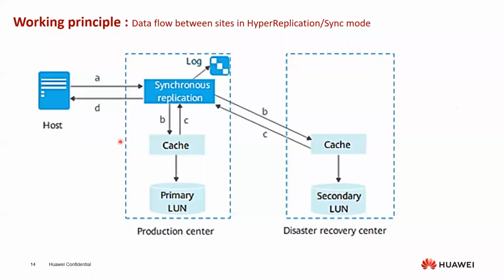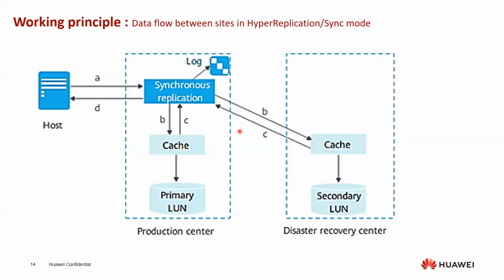So how does sync replication work? You can see here, there is no DCL. Both storage systems need to get the data and then give the acknowledgement to the host. The host is writing the data to the sync replication engine, and then it is written at the same time to both storage caches.